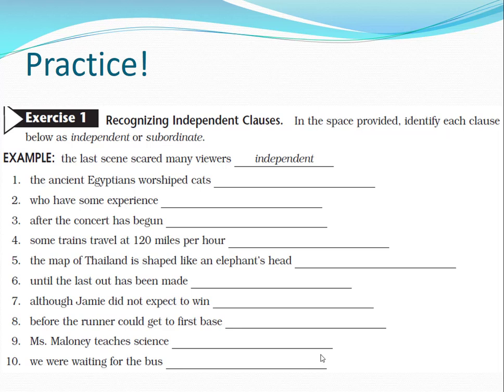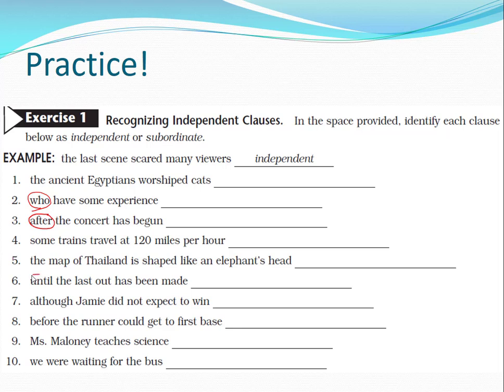Let's take a look. Looking at the list, I go to number 2, because it does have this word here: who. Who is a relative pronoun and it's also considered a clause marker. Perfect. Then I have number 3, actually. After is a subordinating conjunction.